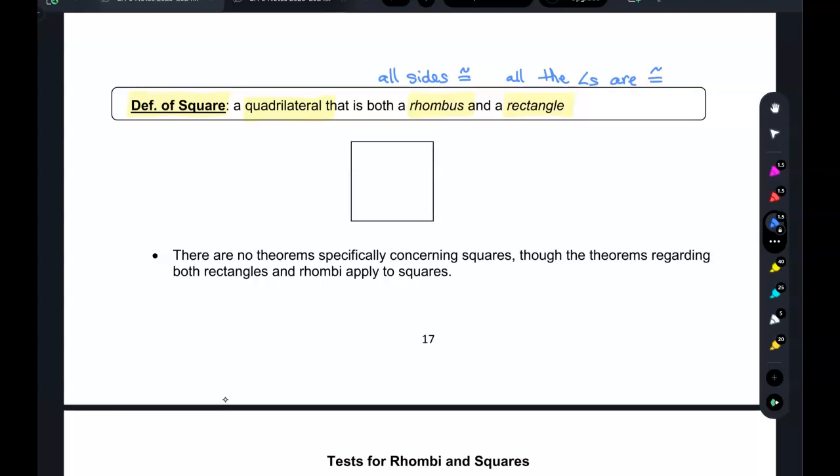All the angles of a quadrilateral, I mean a rectangle, not a triangle. So if all the sides are congruent and all the angles are congruent, I have a square.